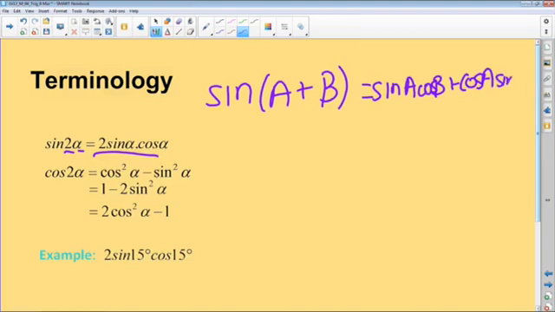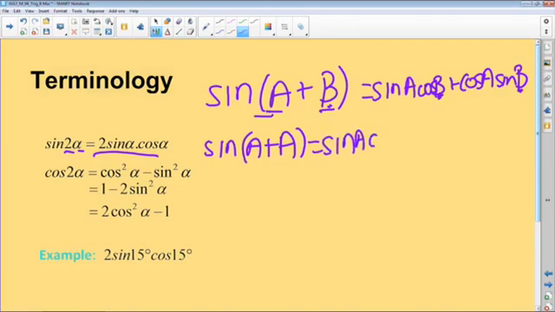We've seen that. What happens if A and B were the same thing? So let's say it was just angle A plus A, and that's perfectly acceptable. There's nothing wrong with that. I would then be able to write this as sine of A plus A, which means I'll replace all my B's here with an A. So it becomes sine A cos A plus cos A sine A. But hang on, these two are exactly the same thing.